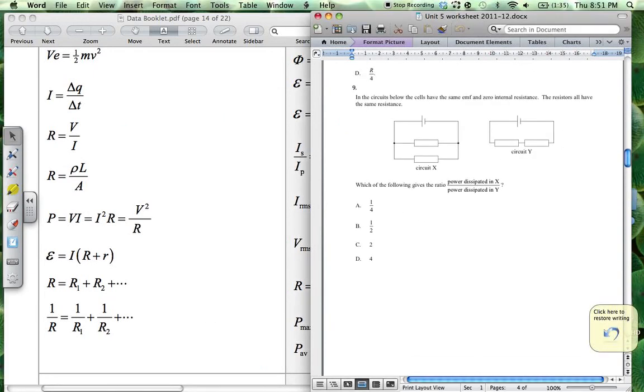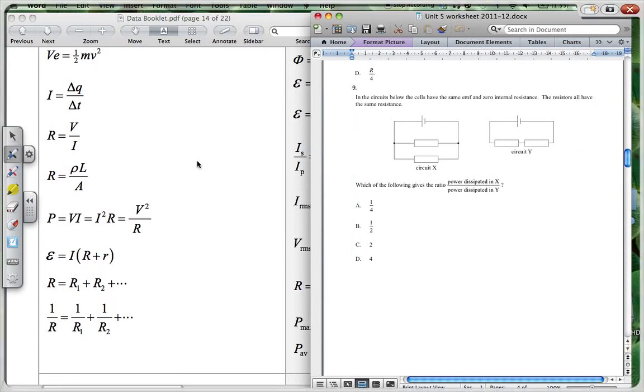Looking at question 9, we have in a circuit below, the cells have the same EMF and 0 internal resistance. The resistors all have the same resistance. Now, which of the following gives the ratio of the power dissipated in X to the power dissipated in Y?